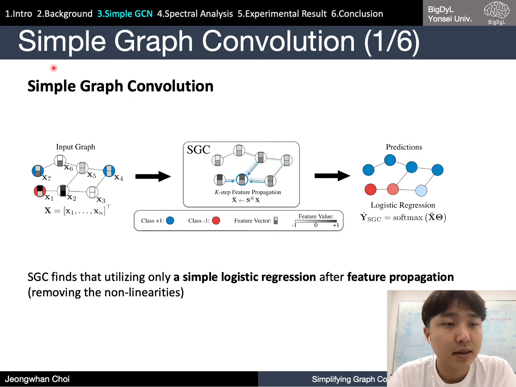Now let's see simple graph convolution. SGC finds that utilizing only a simple logistic regression after feature propagation and removing the nonlinear activation function like ReLU is enough.